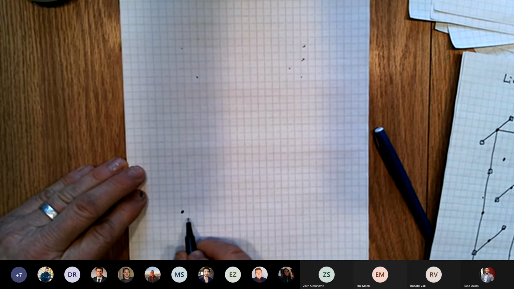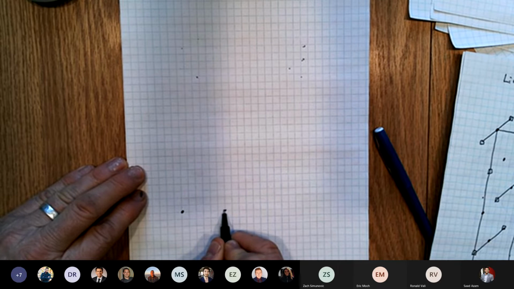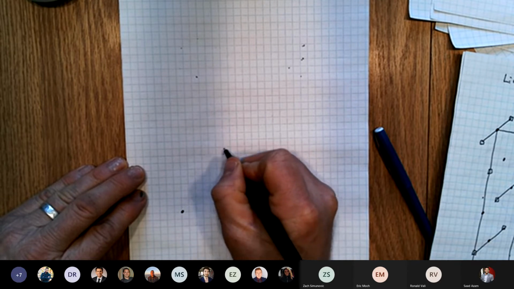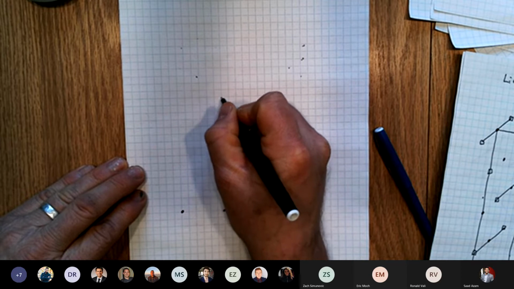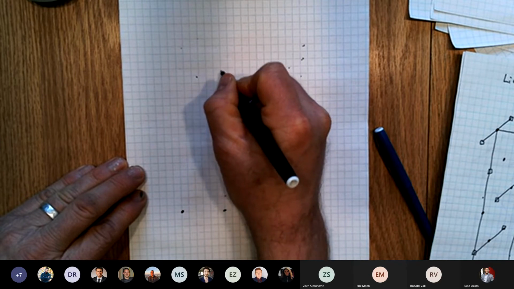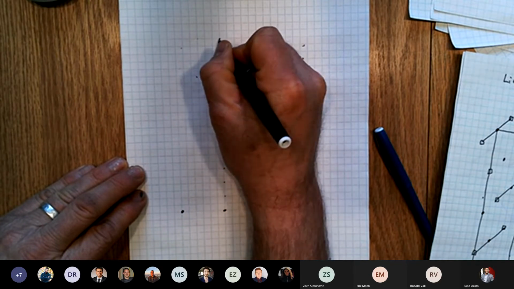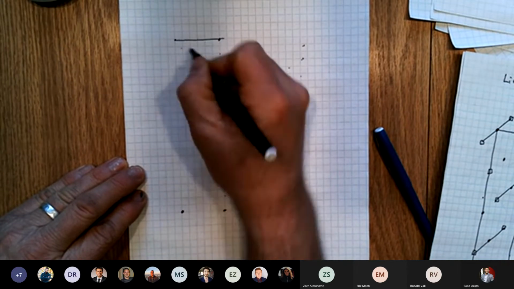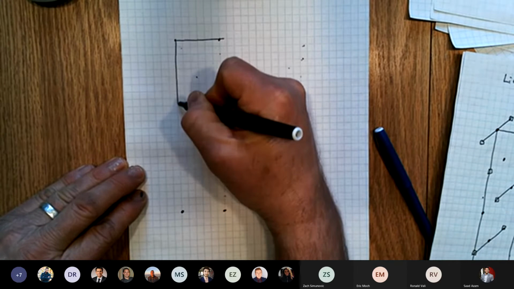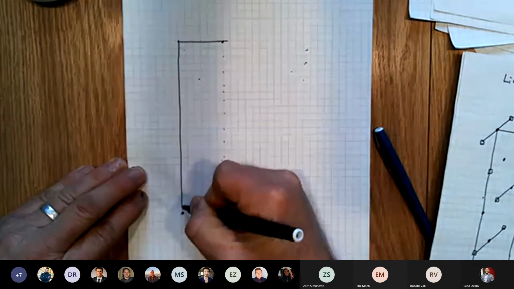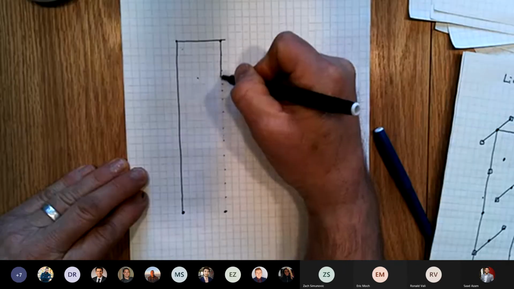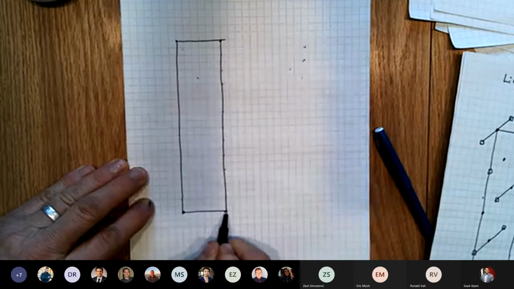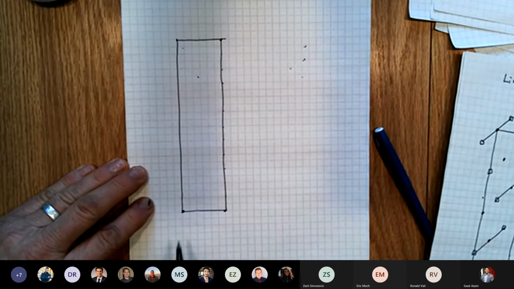Where do I want to go? That way. 6. And then 1, 2, 3, 4, 5, 6, 7, 8, 9, 10, 11, 12. So this is the unit cell, okay?